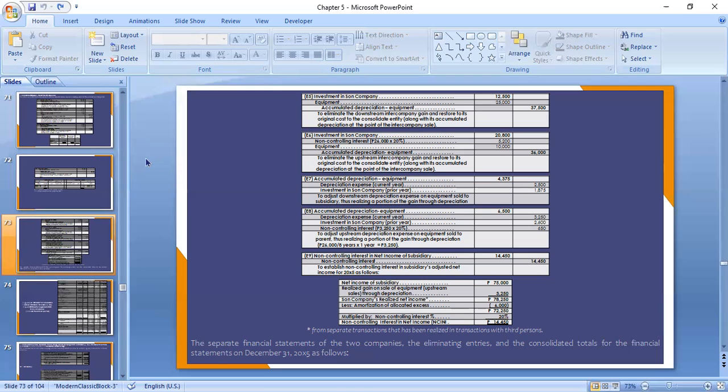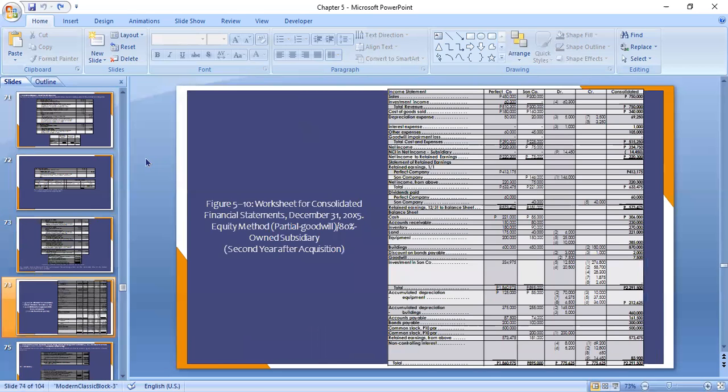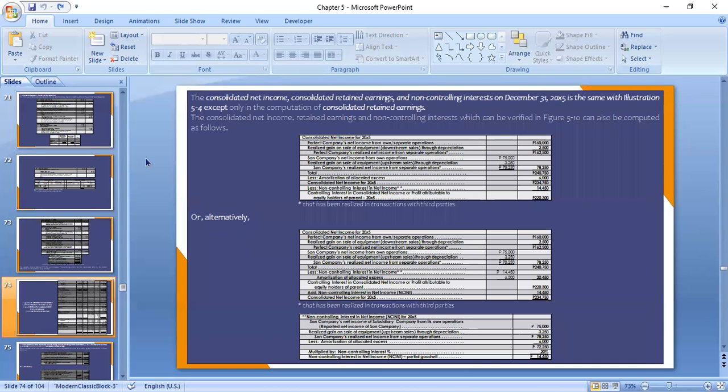So we have now the non-controlling interest in net income as computed. We have now the elimination entries in the worksheet. We post the elimination entries.